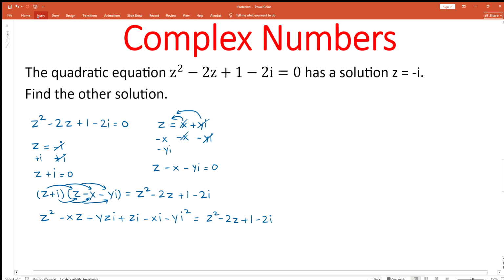In the next step, we can change i squared to negative 1 because the value of i squared is equal to negative 1. Negative y times negative 1 is equal to positive y.